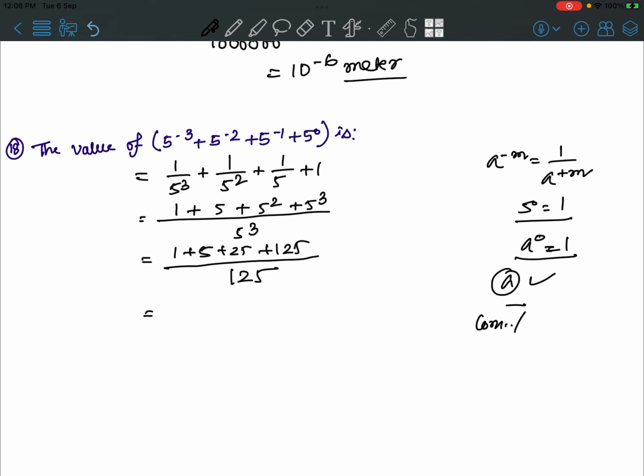Now that is 1 plus 5 plus 25 plus 125 equals 156 divided by 125. When you divide it, you will get the value of 1.248. You can divide it on your own.